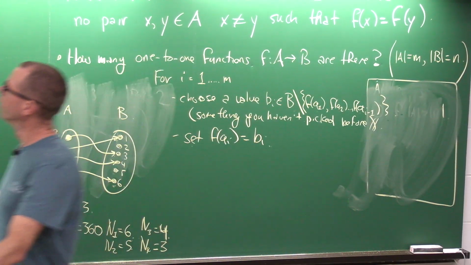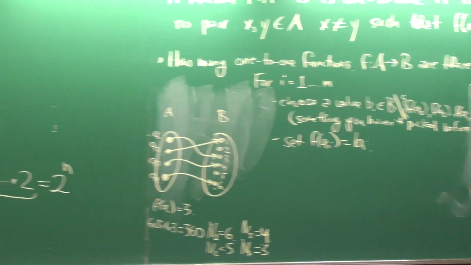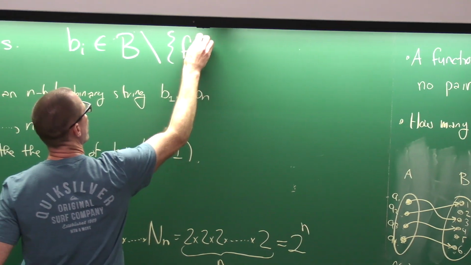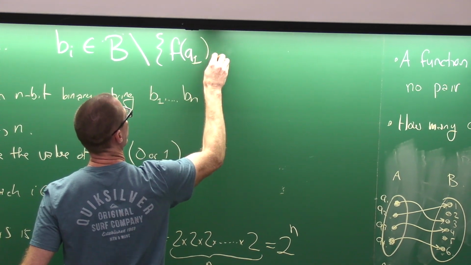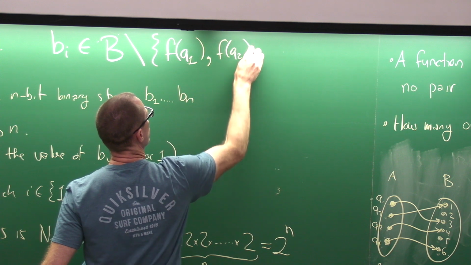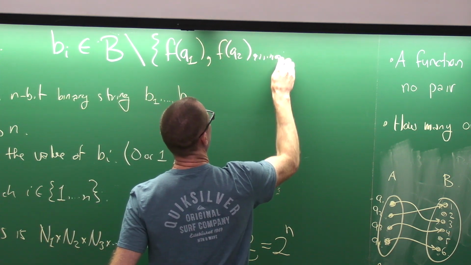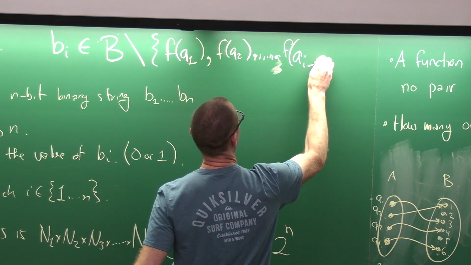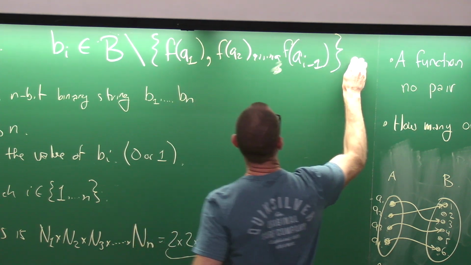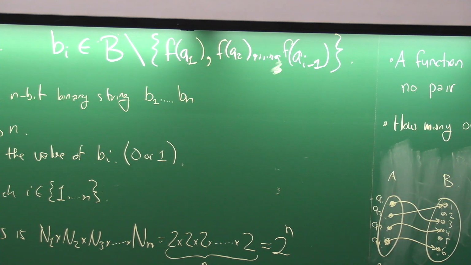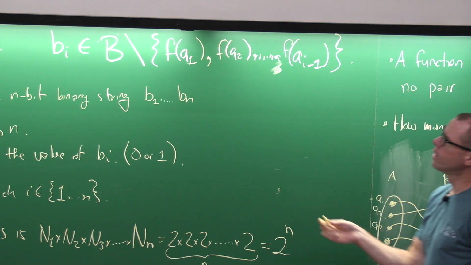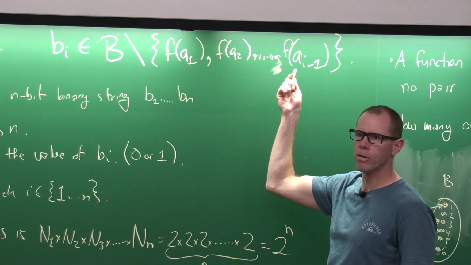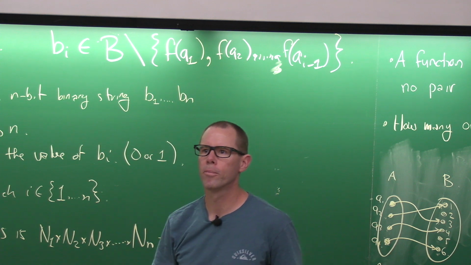Let me write it out really big: b_i in B minus f of A1, f of A2, all the way up to f of A_{i-1}. This is the set minus notation. So take B, but take away all of the things that you picked in the previous steps.